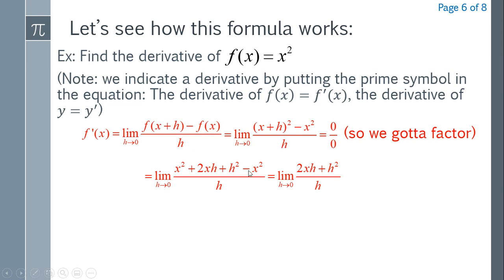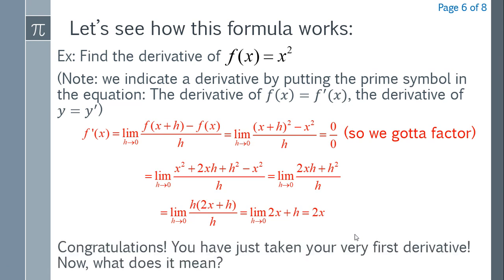The x squareds cancel out, and we're left with 2xh plus h squared over h. Now we can factor out an h and divide it out, and we're left with the limit as h approaches 0 of 2x plus h. And as h goes to 0, this is simply going to be 2x.